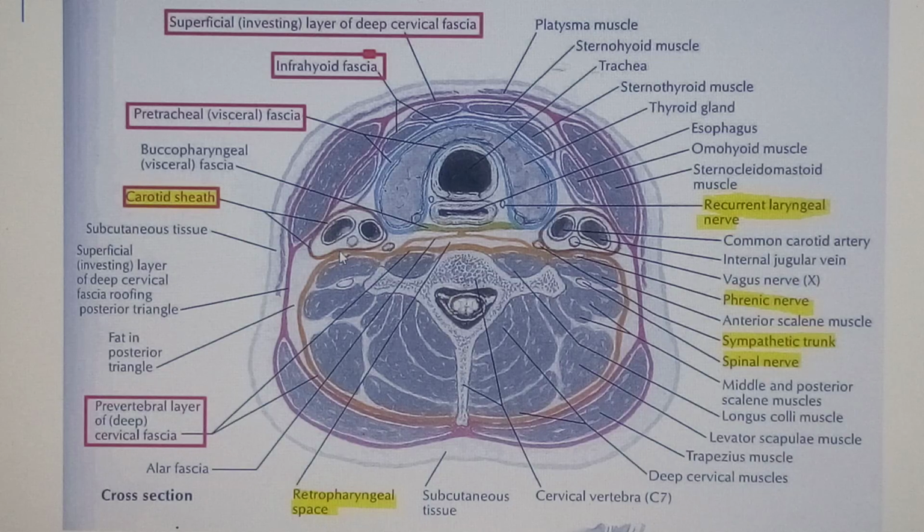Remember that the sympathetic chain, or the sympathetic trunk, is found in front of the prevertebral fascia. It's found in front of it, but the phrenic nerve finds itself within the fascia. Okay, so those are some important relations that we have to know.